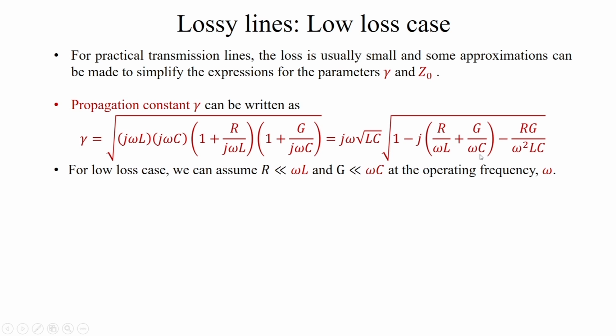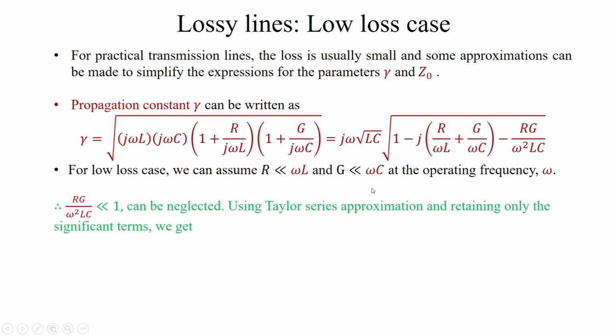For the low loss case, we assume that at the operating frequency R is very small compared to omega L, and G is very small compared to omega C, and therefore this product term RG by omega square LC will be even smaller, and as compared to 1, it can be neglected.